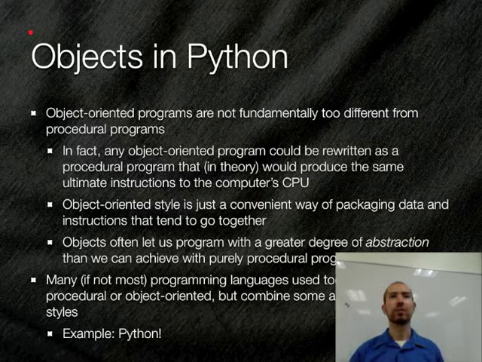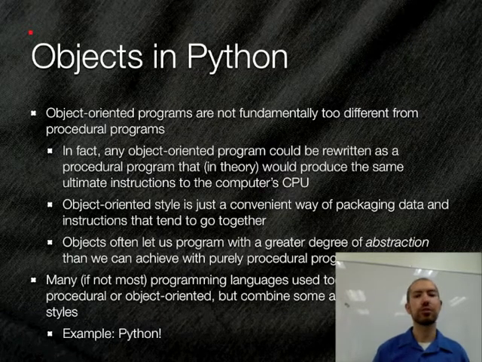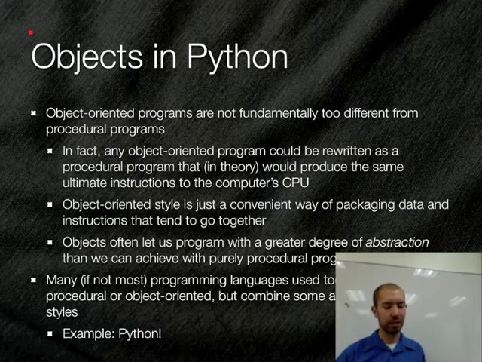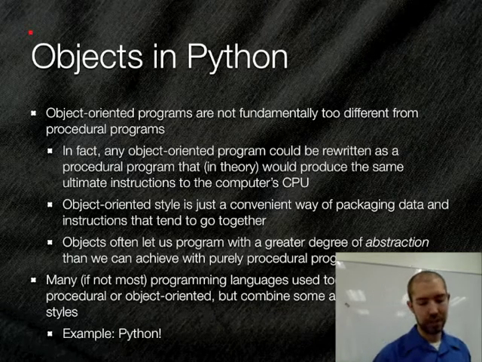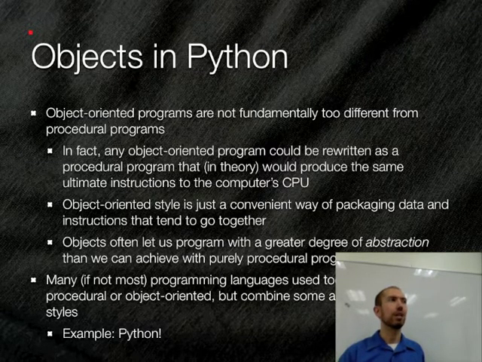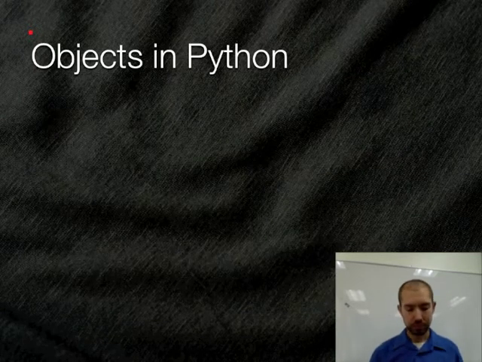All the Microsoft ones like C# and so forth. They mostly have object-oriented features, but they can also program in a procedural style. So in a week or two, we're going to talk about some of the procedural stuff, but we won't worry about that for now. The point to make is that these two are not mutually exclusive. So you can have a mixture of objects and procedures in your code, and it'll be just fine.